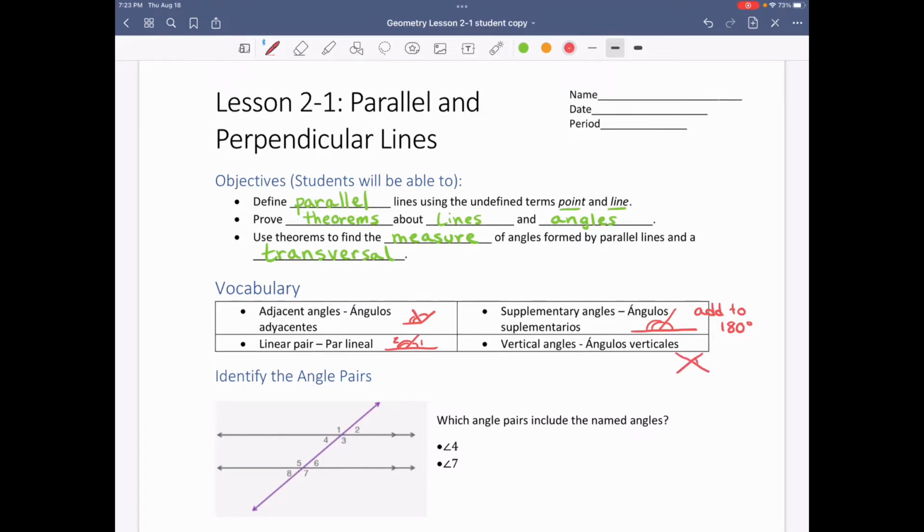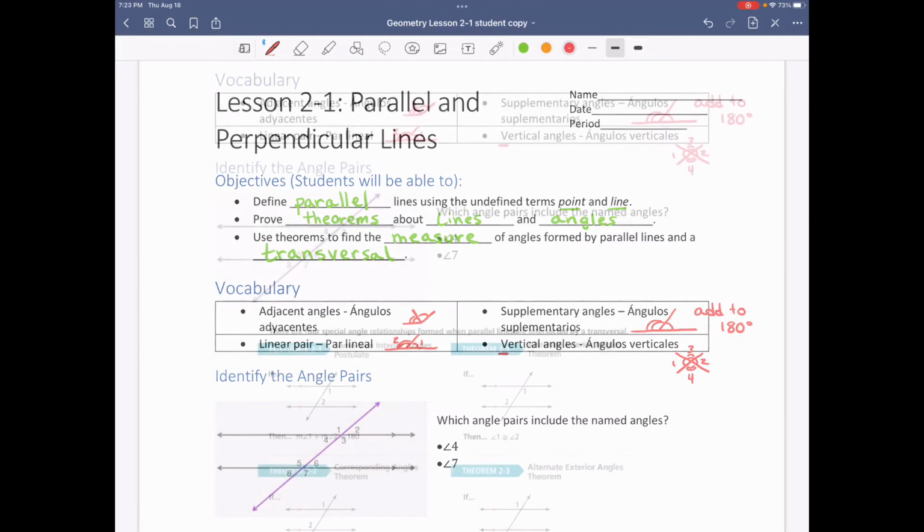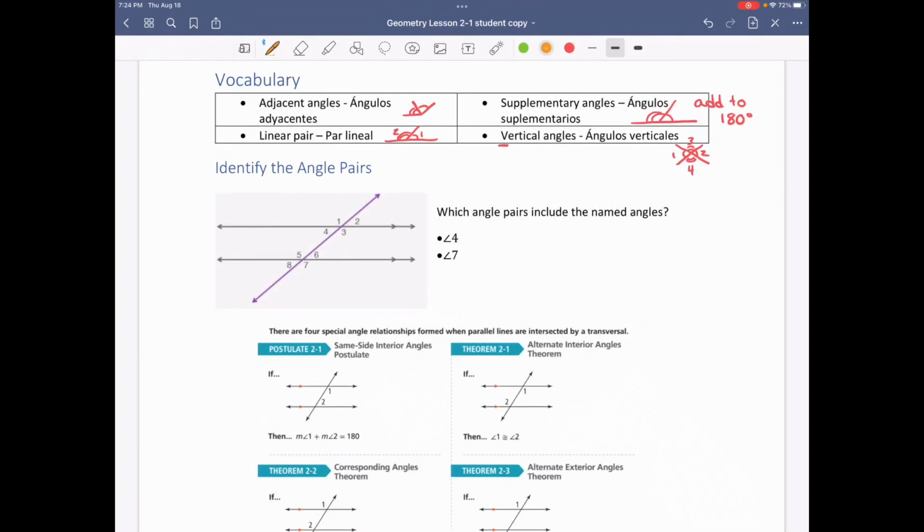So like this angle and this angle, they make a V touching each other, and that's how I remember vertical. This angle 1 and angle 2 are congruent, as well as this angle and this angle. Angle 3 would be congruent to angle 4. Those are vertical angles.